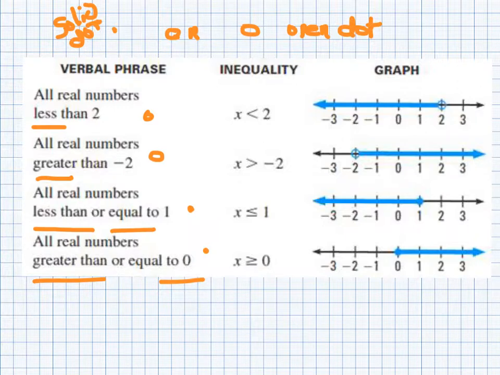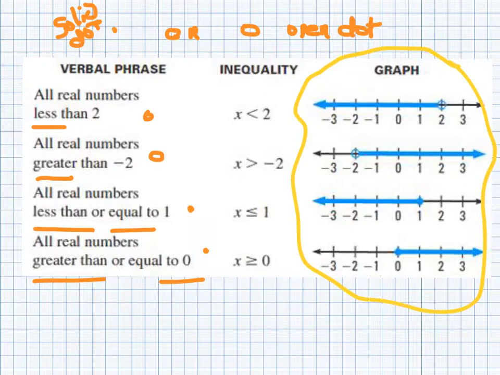Now, as you can see right over here, here is our graph, and you might notice that on our number line graphs, some are open dots, and some, like these two down here, are closed dots.